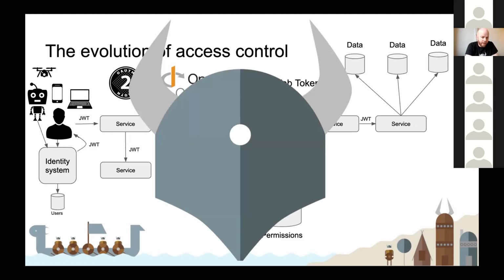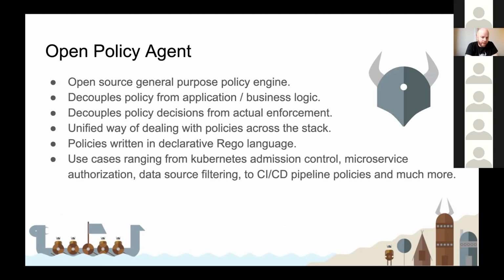And that's kind of where OPA enters the picture. So some of this, of course, Gustaf already mentioned, but OPA is an open source general purpose policy engine, meaning you can write policies about anything. It doesn't need to be strictly around authorization, but you could just as well think of it as an oracle, where, based on some policy, you ask it questions and you get responses back.